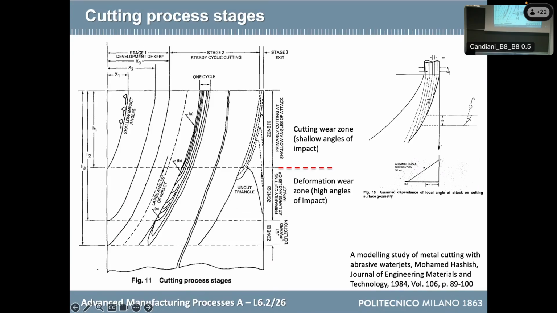So this partial distribution of the flow rate on two sides creates this kind of wedge. This material is not removed by the jet at the exit, because the most advanced portion of the flow rate is exiting ahead, and so there is not enough cutting power for removing that wedge.